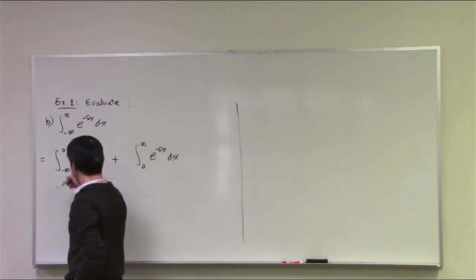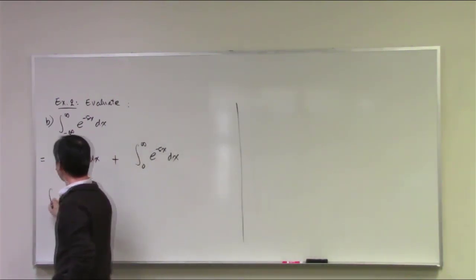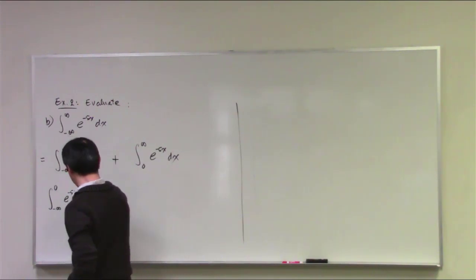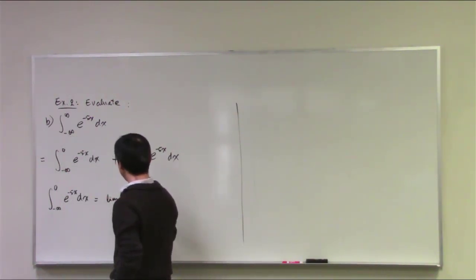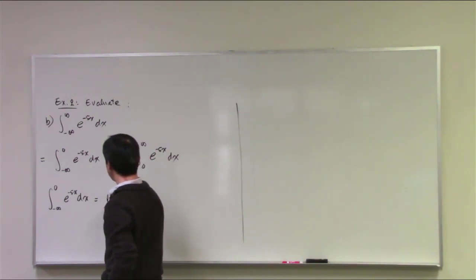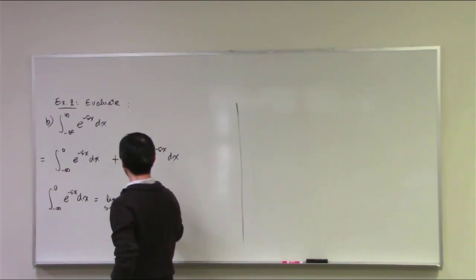So in this case, let's look at this first one right here, the one from minus infinity to 0, e to the minus 5x dx. Well, by definition, that means it's a limits problem. We're going from some s to 0 over here, letting s approach negative infinity, e to the minus 5x dx.